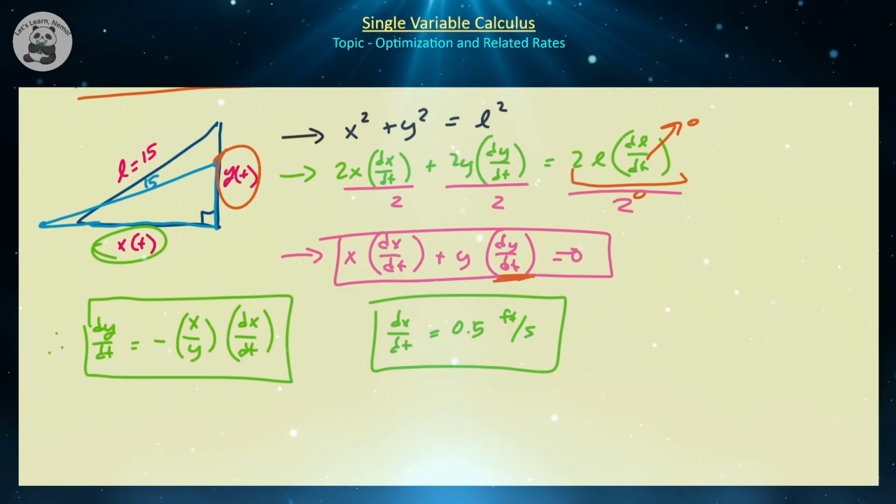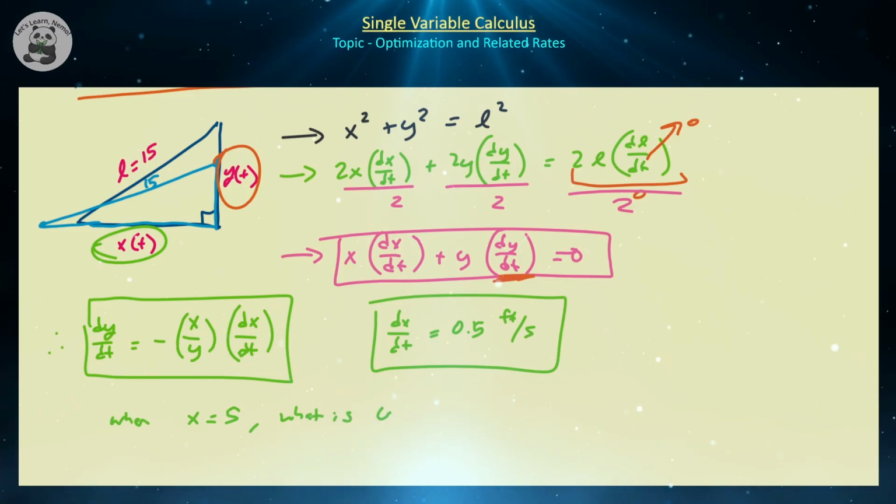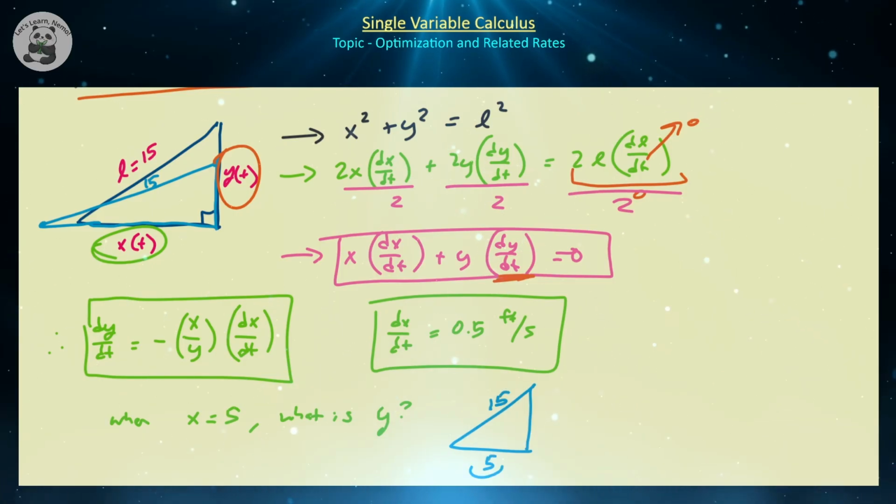So when x is equal to 5, because we know x, that's what we're interested in, and we know dx/dt, what is y in that particular picture? So let's draw out our little picture here again. This is going to be a fixed length of 15. This is a particular point in time for which this distance is 5. So we want to figure out what that y value is at that particular time.